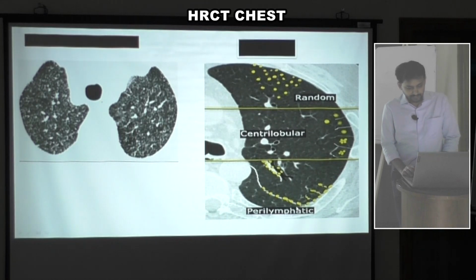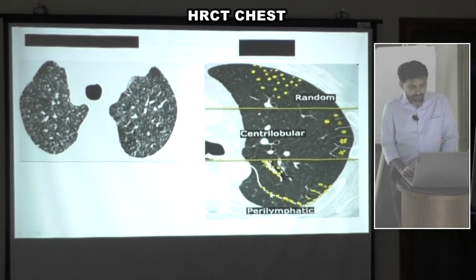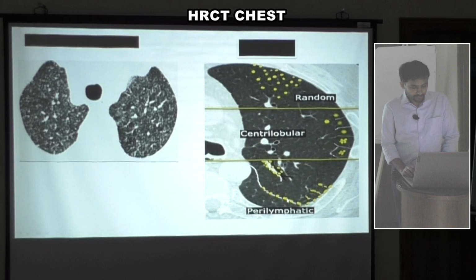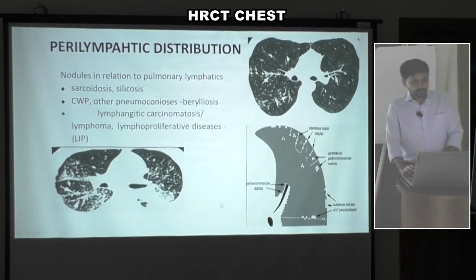And perilymphatic distribution, one more important finding, is always in a linear pattern and always associated with the vascular bundle. The most common conditions with perilymphatic distribution are lymphangitic carcinomatosis and sarcoidosis. These conditions have perilymphatic distribution of nodules.